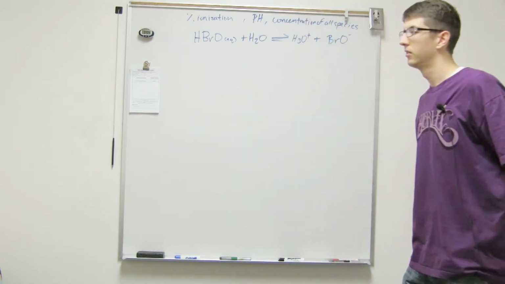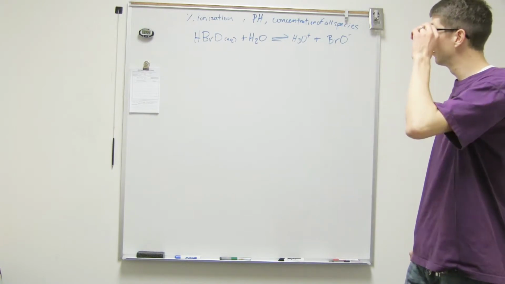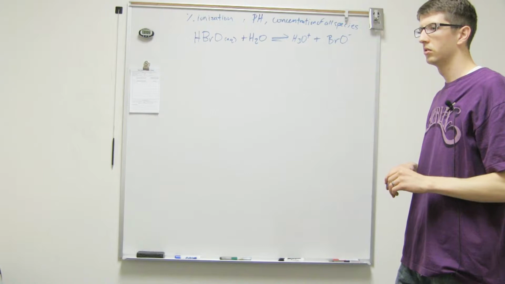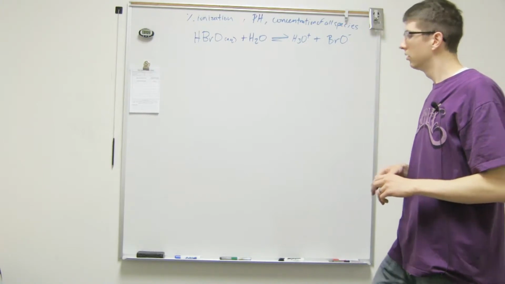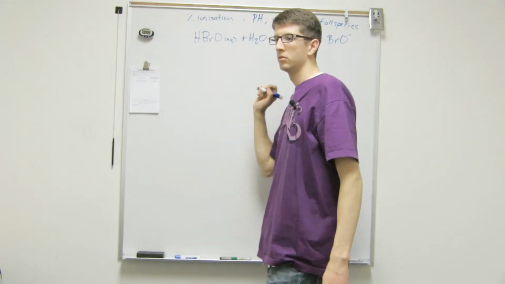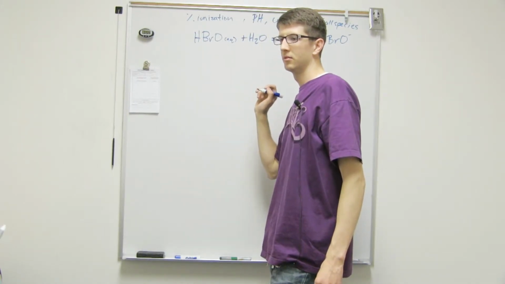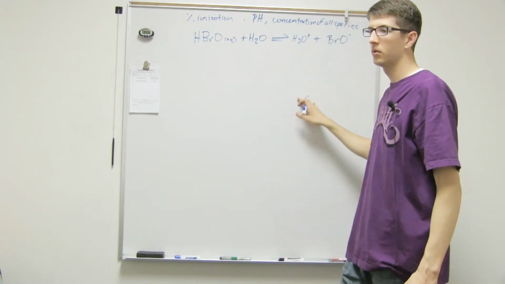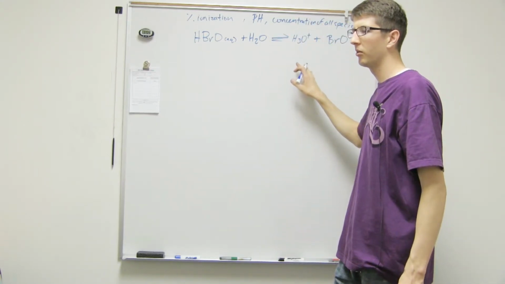Continue. So now that we have this reaction, we know that the percent ionization is going to be the initial concentration of our... No, it's going to be the final concentration of the hydronium ion. Say that one more time. I just want to make sure I follow what you're saying.